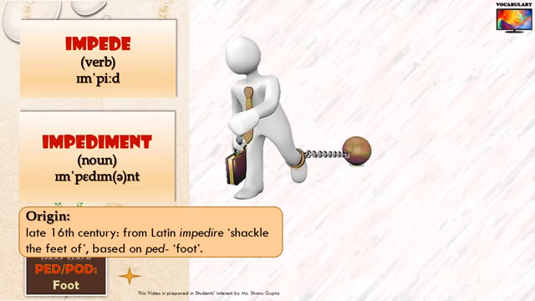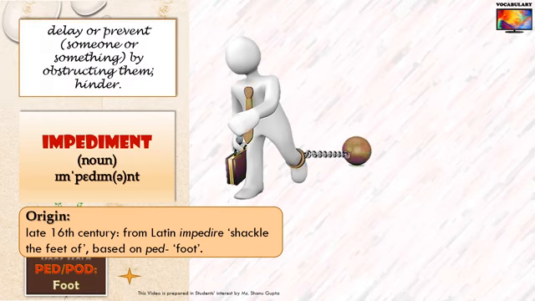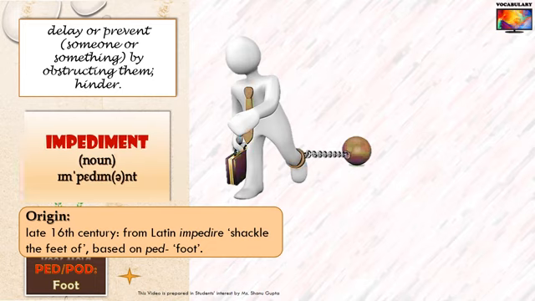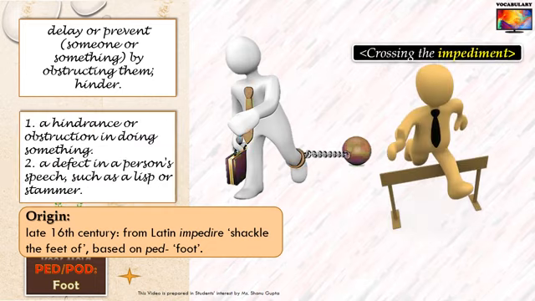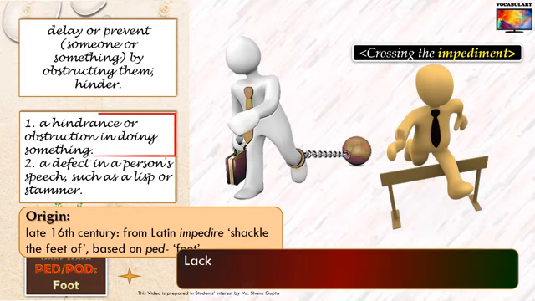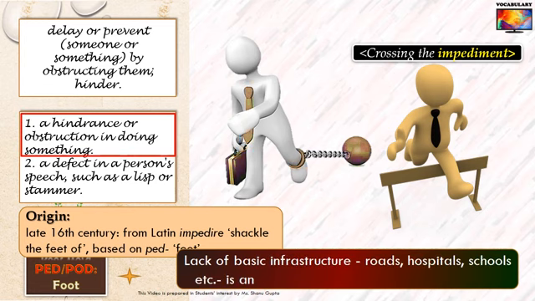So, to impede means to obstruct or hinder or slow down the progress of something. And the word impediment is used to refer to such obstruction or hindrance itself. Impediments usually get in the way of something that we want. An example would be lack of basic infrastructure, roads, hospitals, schools, etc. is an impediment for economic development.